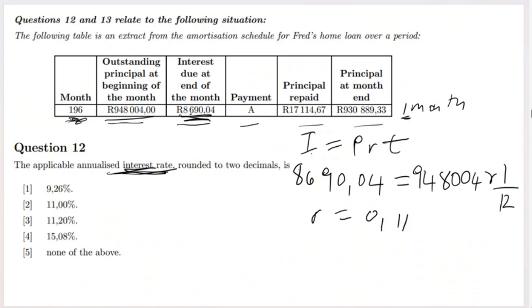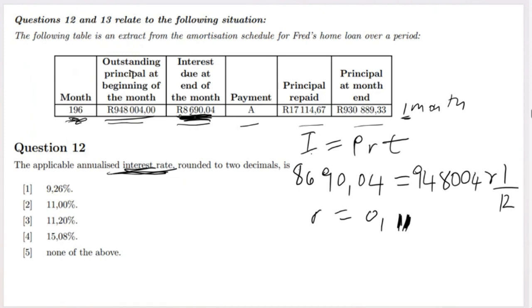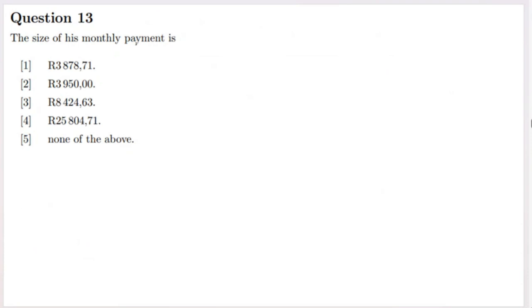What is happening here? That is an interest rate that you are calculating for this month. And then the question is further saying, what is the size of his monthly payment? Let's look at the information that is given. You've got all of this information, and you know that for you to calculate the payment, there's a formula for the principal that is repaid.